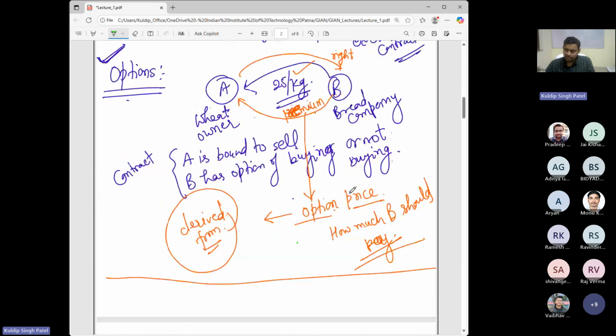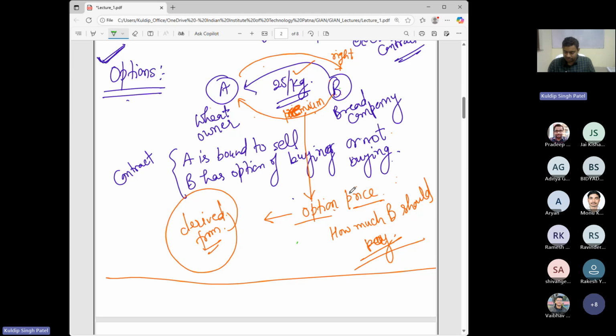So what we understood till here is what a derivative is, and why it is called a derivative. Why is it important to price it accurately? Because if it is not priced accurately, it will create problems in the economy. And how people are using derivatives in minimizing risk.